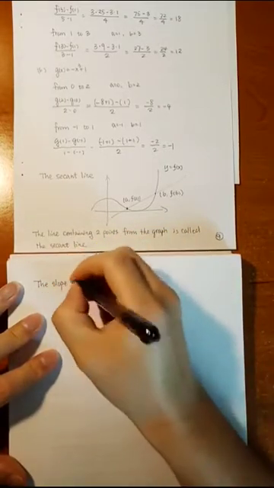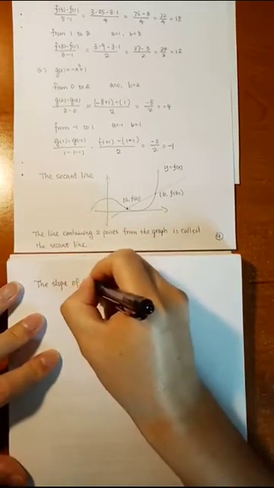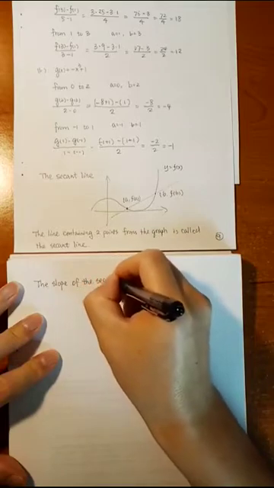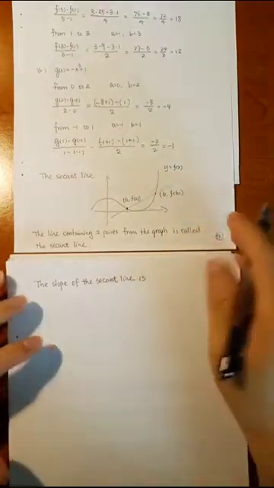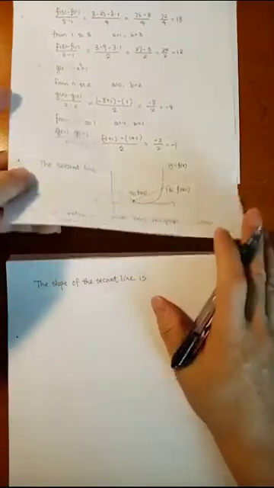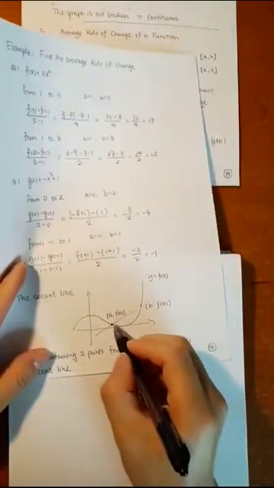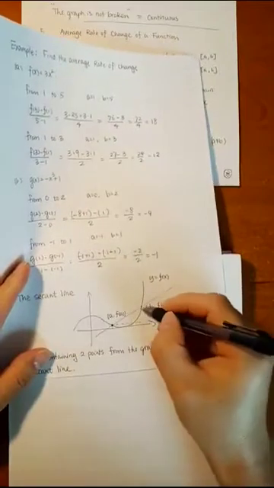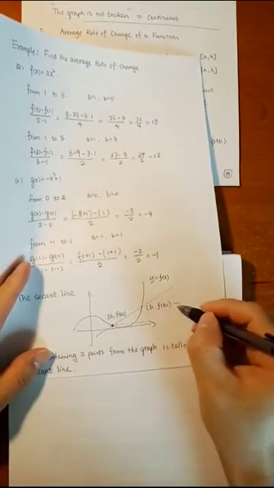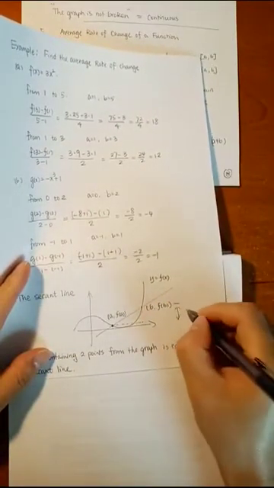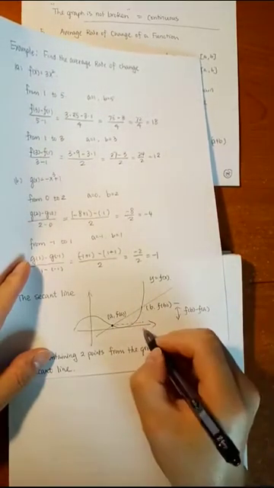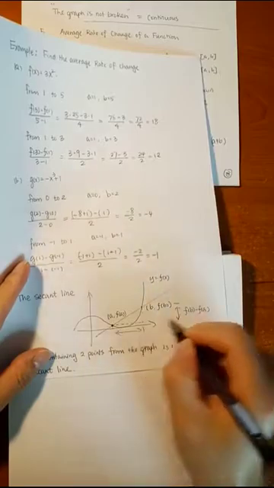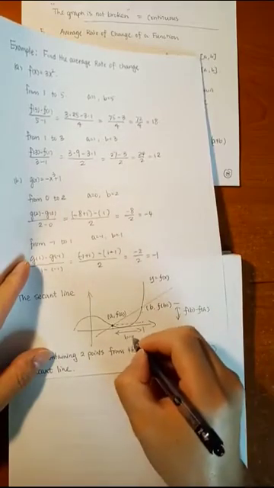The slope of the second line, what is the slope? Slope is rise over run, right? So let's check. Rise: f(b) minus f(a). Run: b minus a.